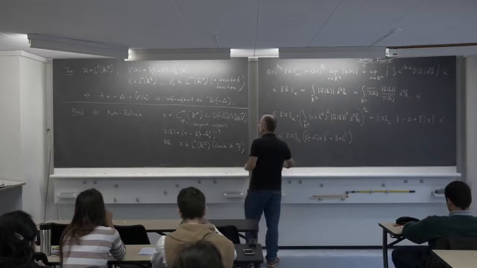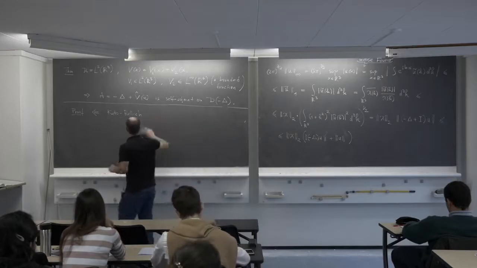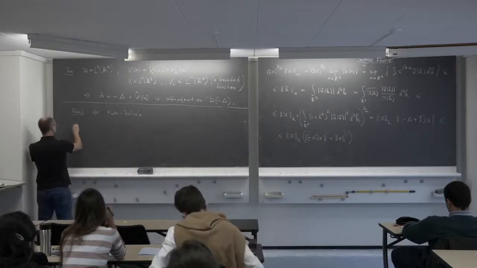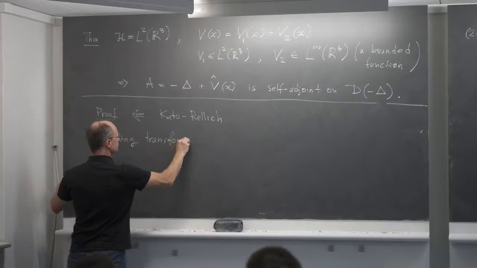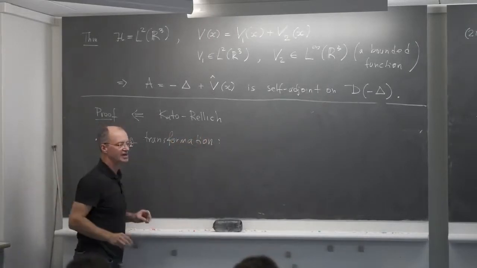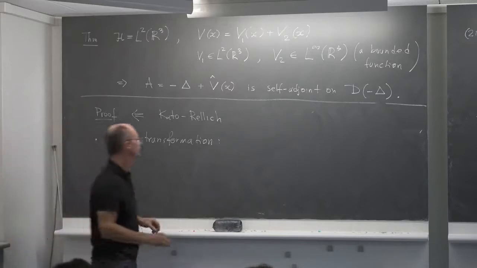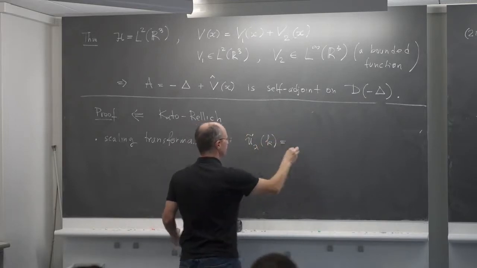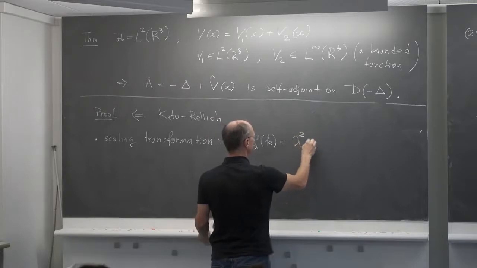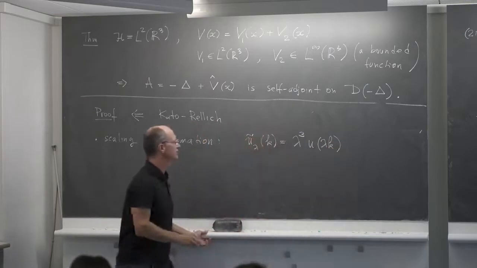Now, then we do the following interesting step. That's the last step in the proof. It's a scaling transformation. So let's introduce a new function, u tilde lambda of k, which is equal to lambda cube u tilde of lambda k.